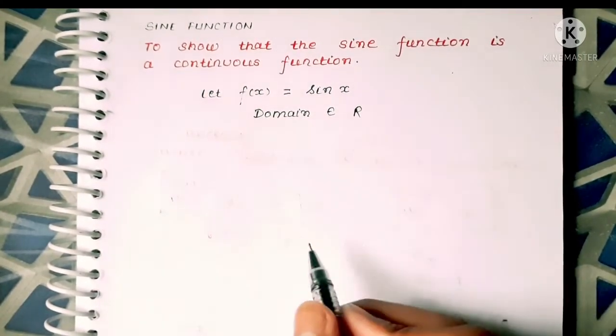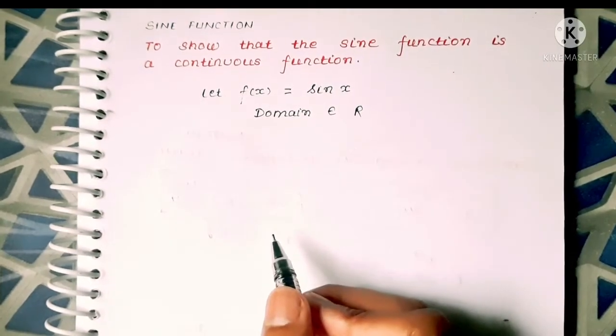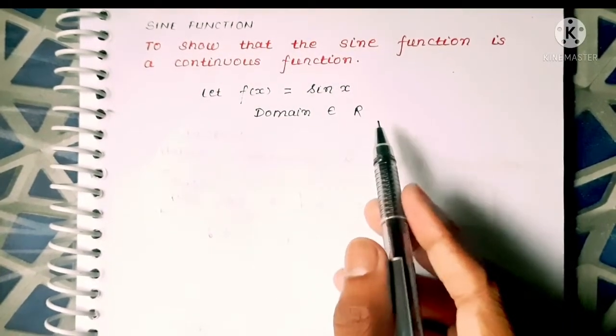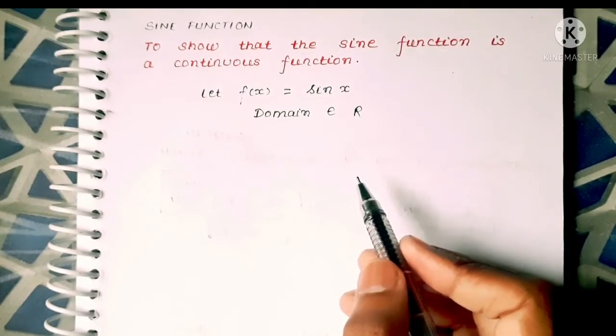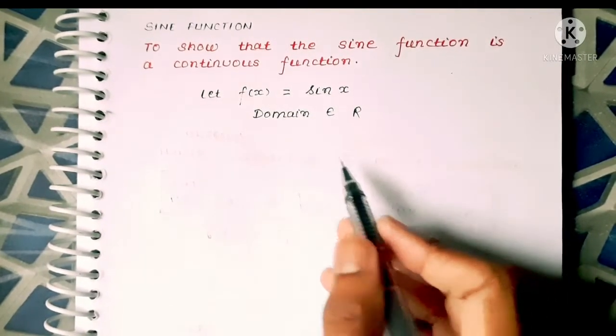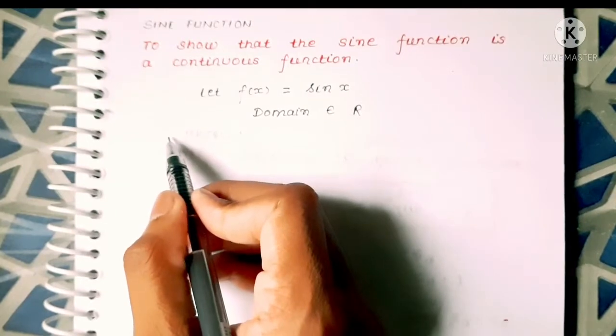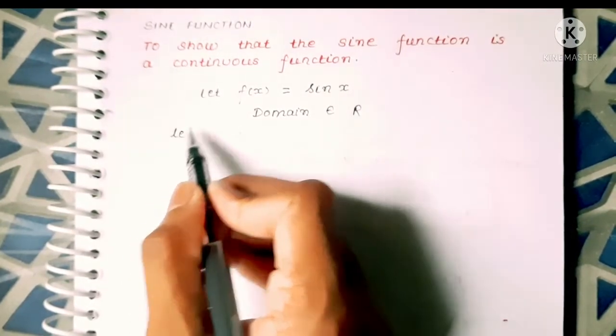So in this domain we will take an arbitrary number. On the real numbers we will take an arbitrary number. Let us call it a.